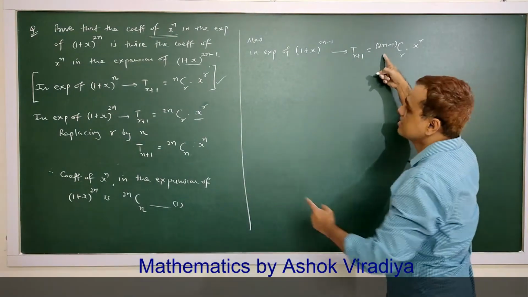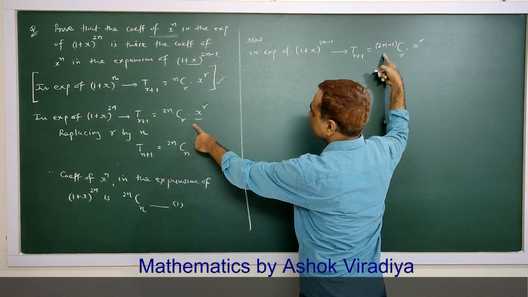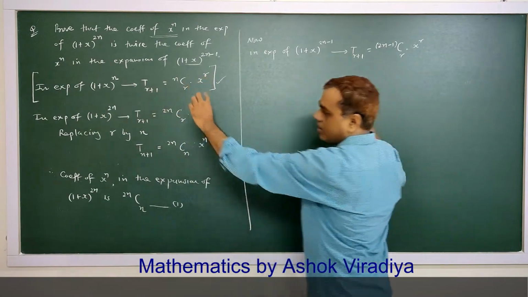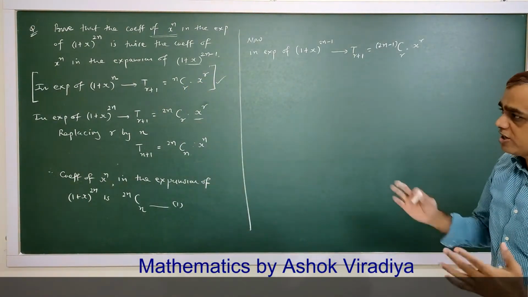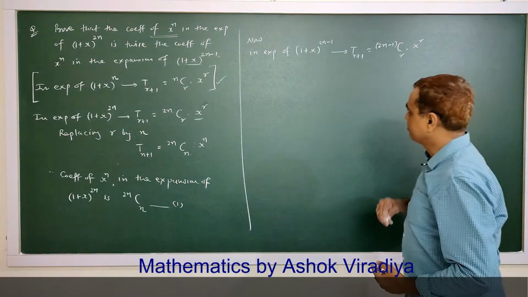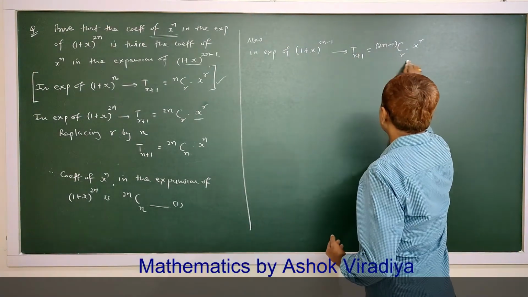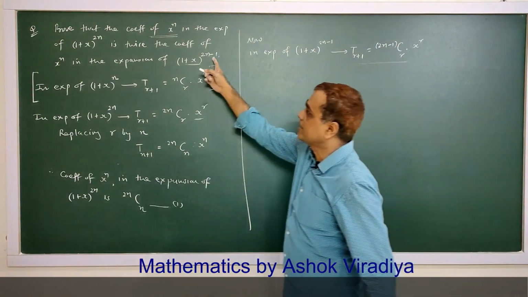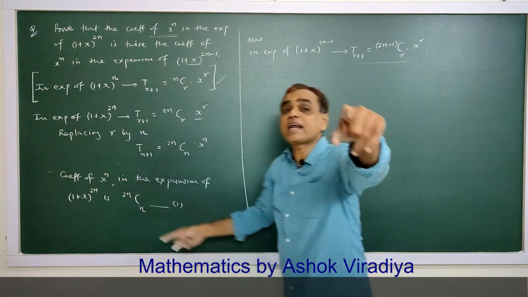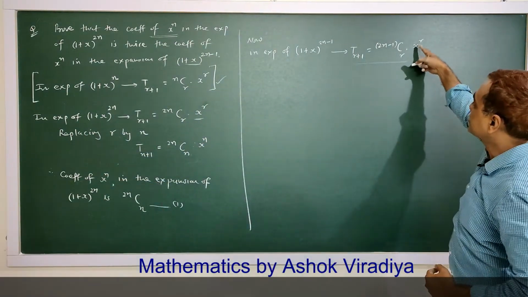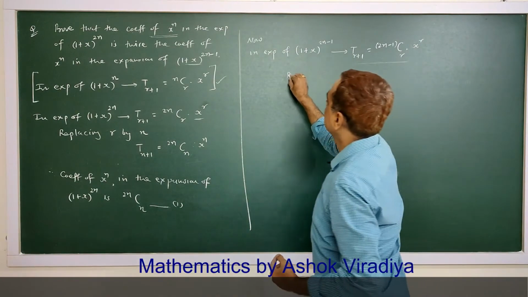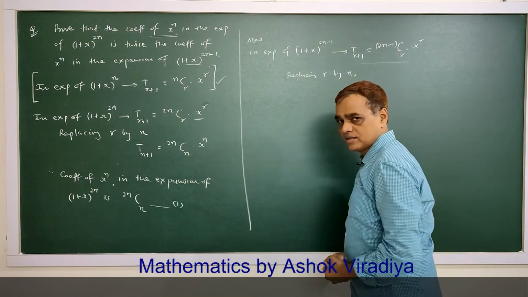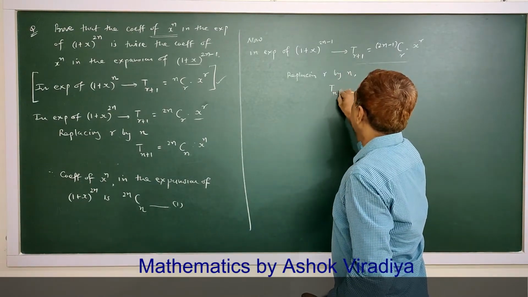So this statement as well as this statement, both statements we have written from the main formula for the general term. Now, because we want in the expansion of (1 plus x) raised to 2n minus 1 the coefficient of x raised to n, to have x raised to n, we replace r by n, and we get t n plus 1.